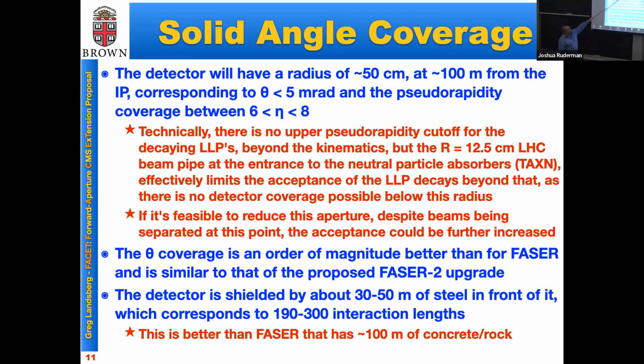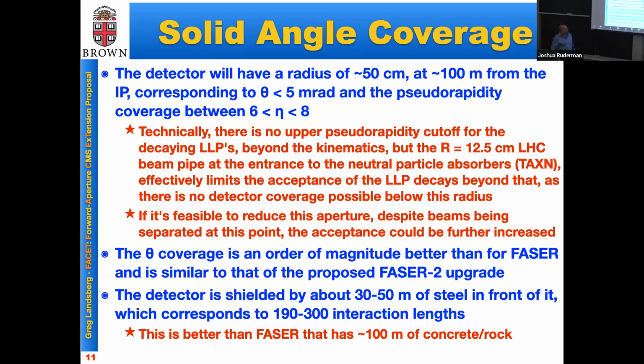Technically, there is no upper pseudo-rapidity cutoff, but because there is a 12.5 centimeter LHC beam pipe at the entrance of the cavern, we have to build detectors around this beam pipe, so we cannot cover radii below about 12 centimeters. Also, you'll see from the luminosity plots that it's a very hot region, so you don't want to put detectors there.